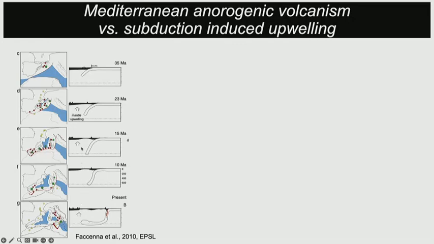Then the slab retreats, but it is still inducing upwelling close to the slab tip, because the mantle is sucked and pulled over the retreating slab. Here you can see the occurrence over time of these anorogenic magmatic products, these markers in light yellow color.